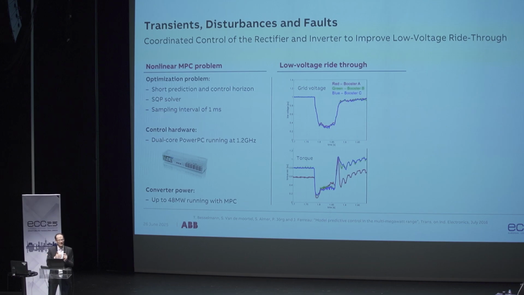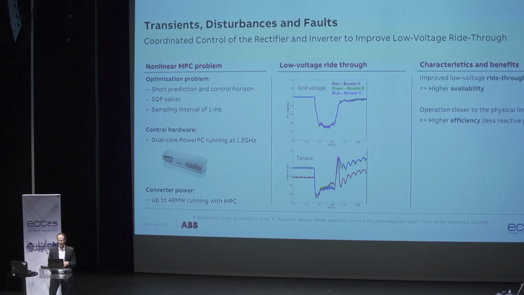And every hour of lost production in these big gas injection stations can easily cost you $500,000 just in lost revenue. And it often takes several hours to ramp them up. So such an event would cost the customer many millions just in lost export revenues. So what you get is an improved low voltage ride through, so you have higher availability.